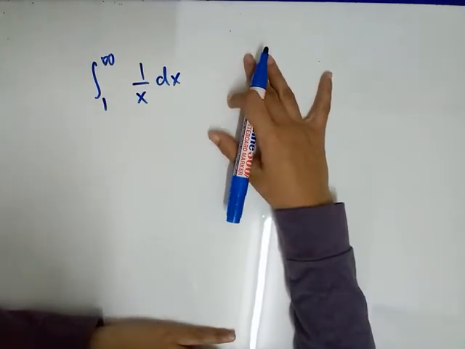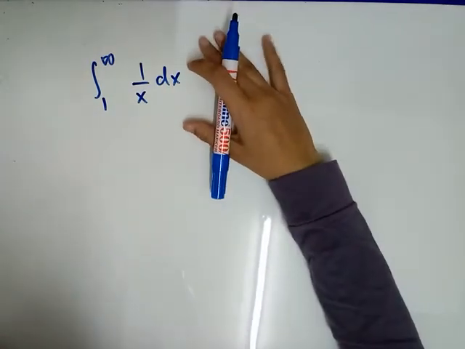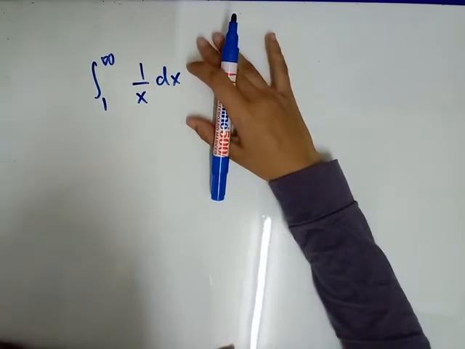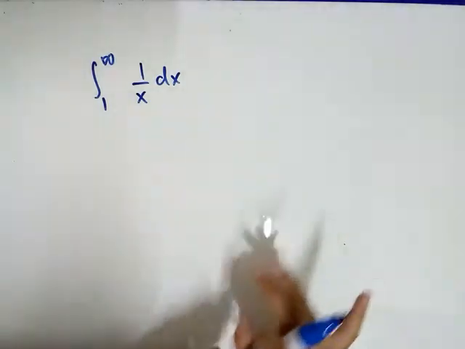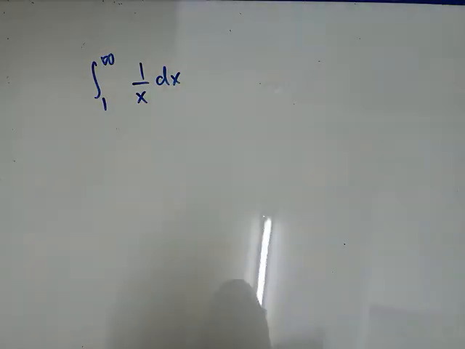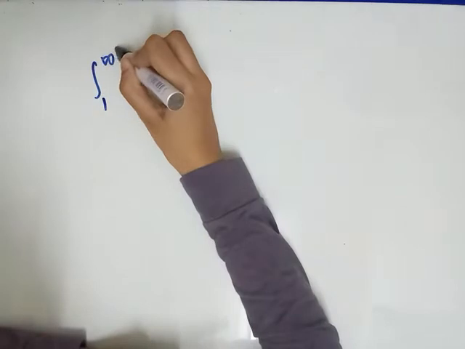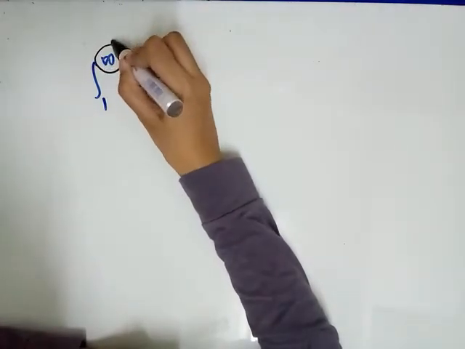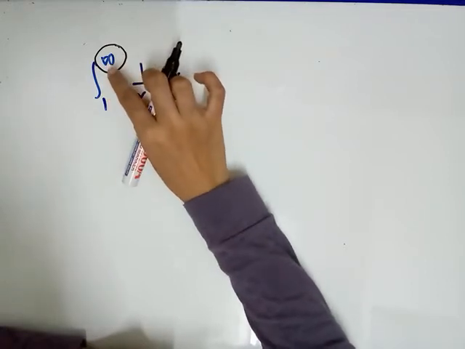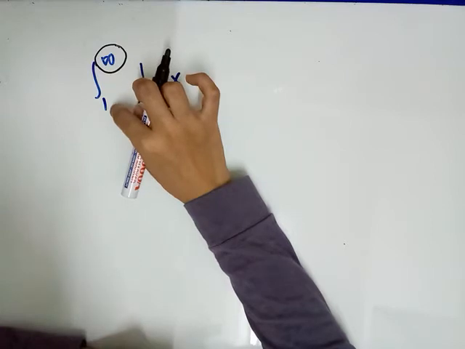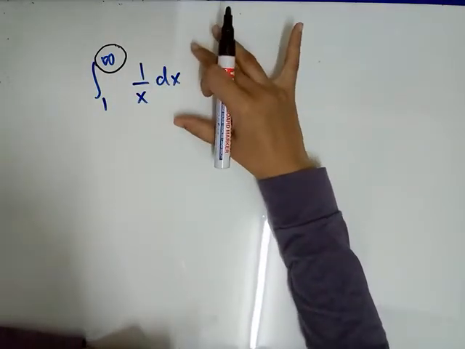Okay, so this is an improper integral. How do you know if this is an improper integral or not? When we find infinity or 0 at the lower or upper limit, we can identify this as an improper integral.